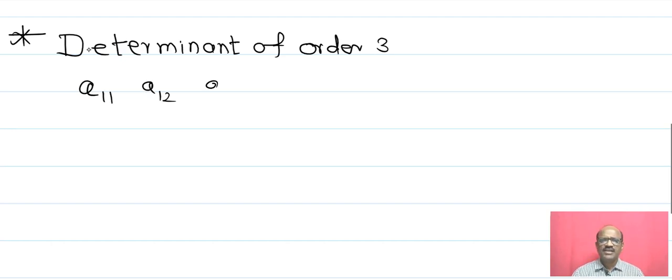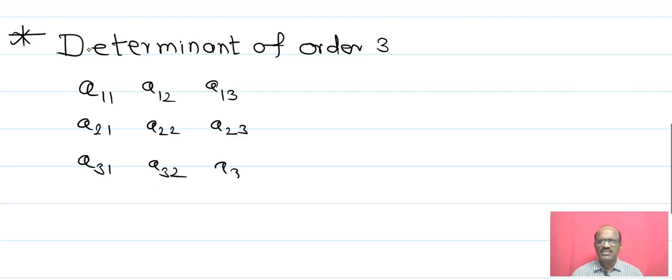The element is written as A11. First one stands for the first row and second one stands for the column. First row, first column means A11. A12 means what? First row, second column. Therefore, it is treated as A12. A13 means what? First row, third column.